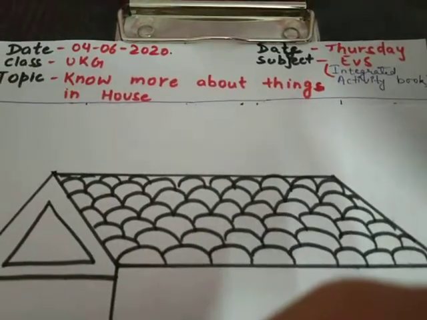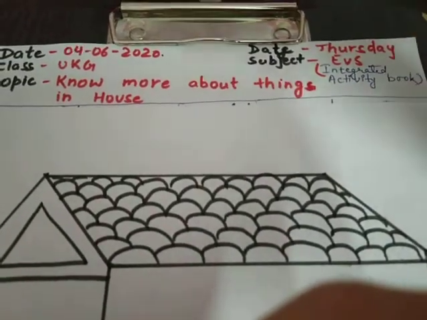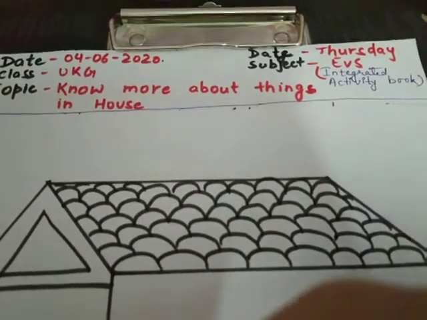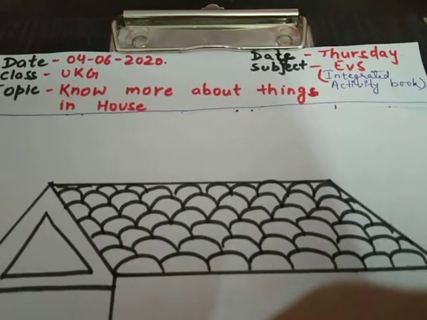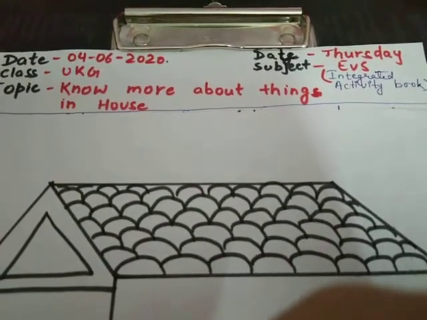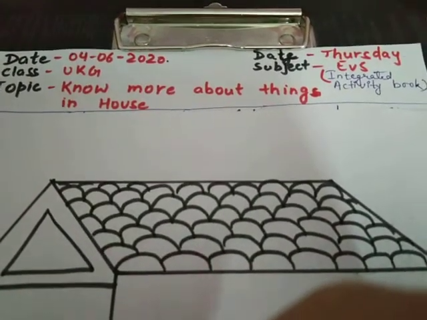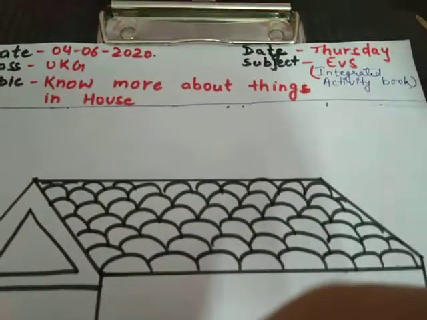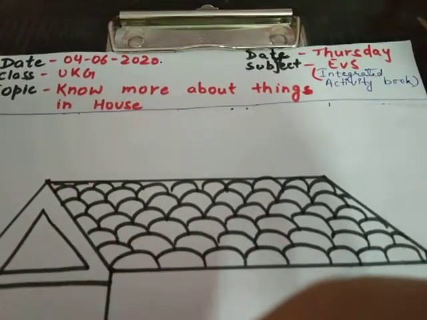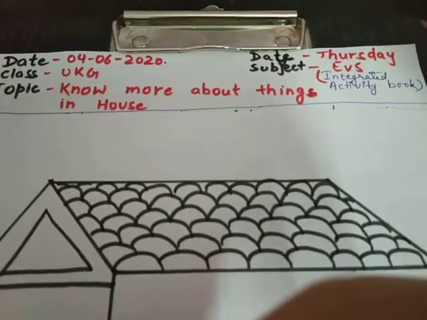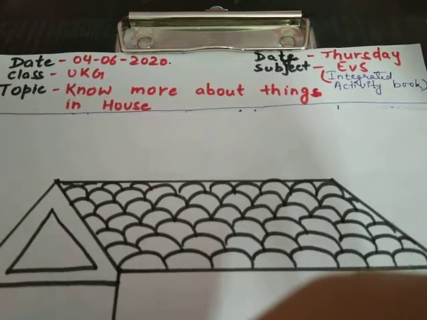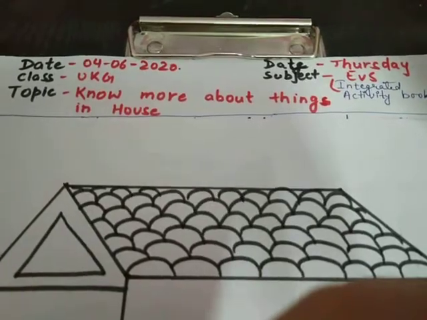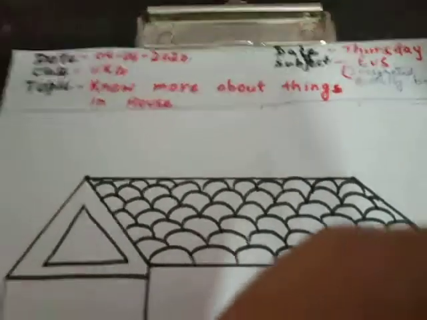The activities that I have given you are not from your book, but they are based on whatever is available in your book. Okay? And our topic, as I have already told you, is know more about things in the house.